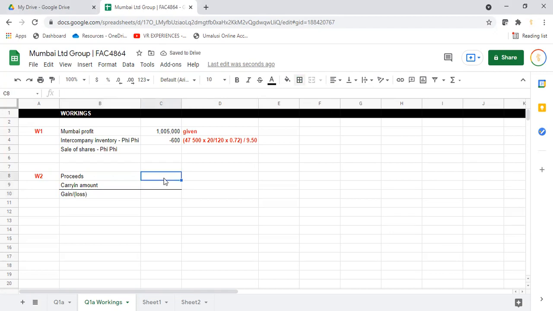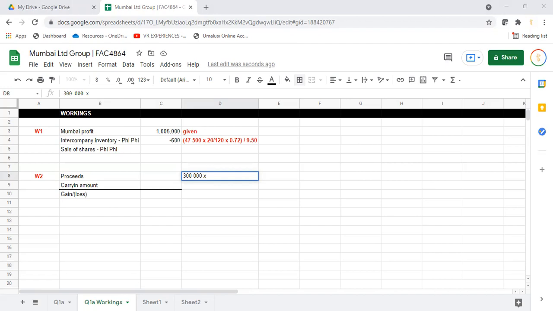Remember the proceeds were 300,000, whatever it was. When did the sale take place? The sale took place on 31 August 2018.